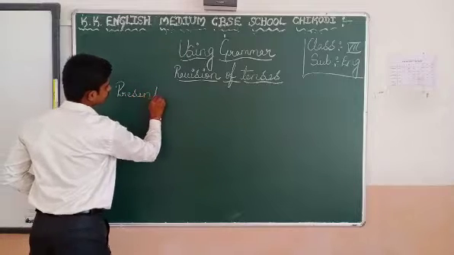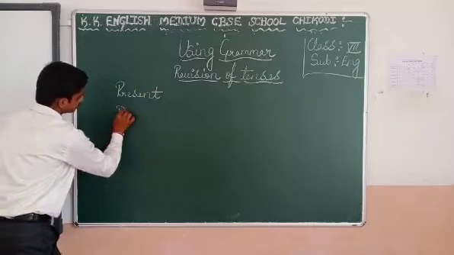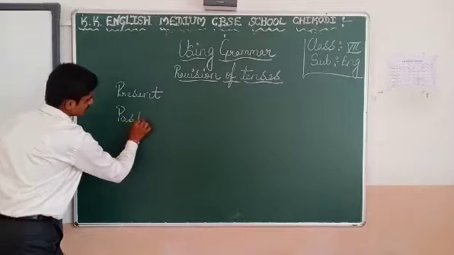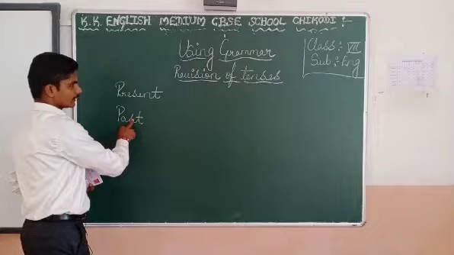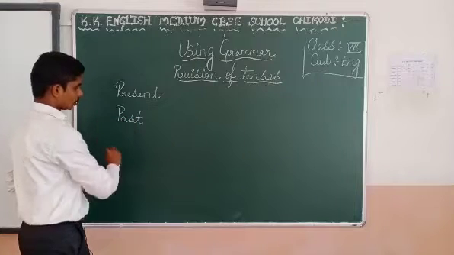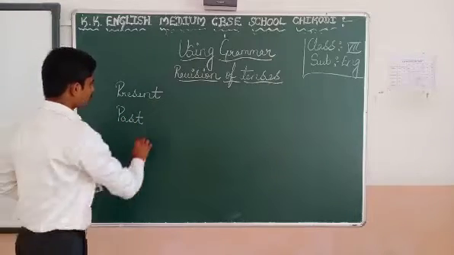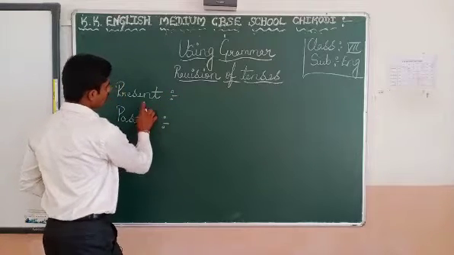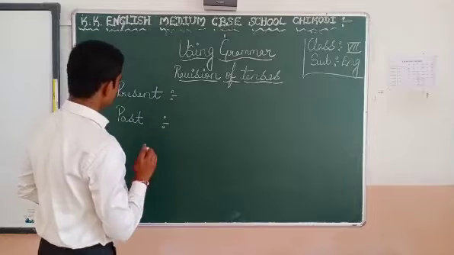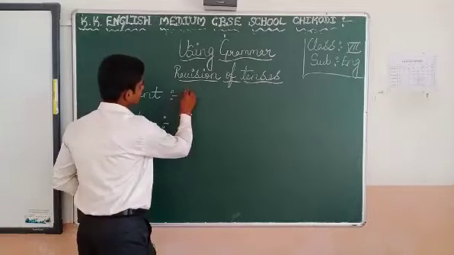So these are the two forms of the tenses which are there in your textbook. Along with that, today we will take the other two forms of these tenses. Which are the other two forms of these tenses?